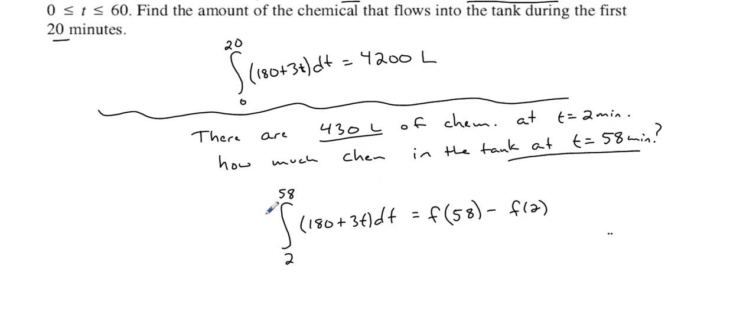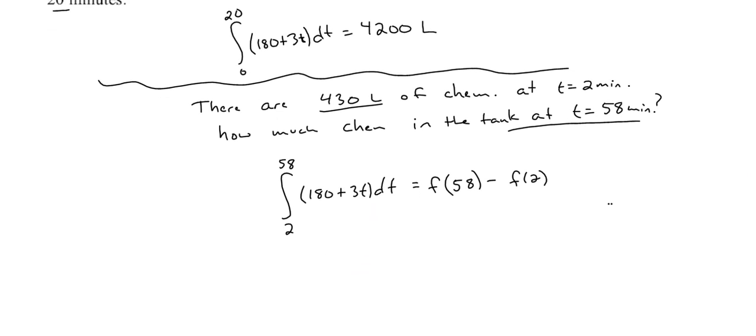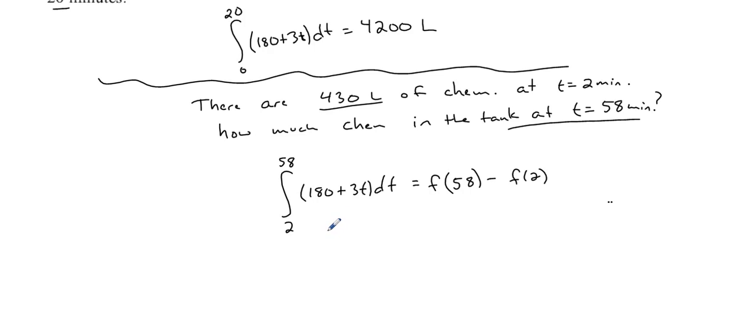And when somebody has it, give it to me. Then f of 58 is the amount at 58 minutes minus the initial amount at 2, 430. Look at this, you take your initial amount, add the change, you get your final amount.